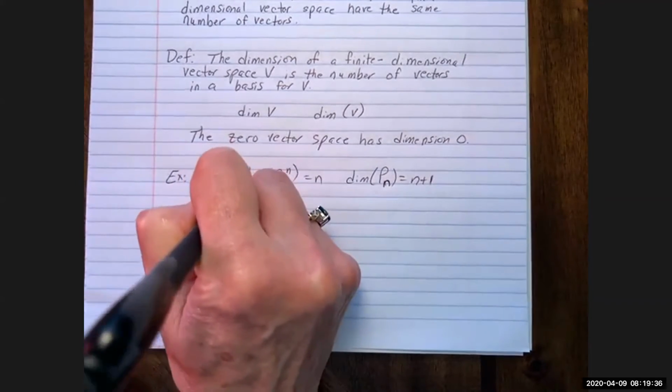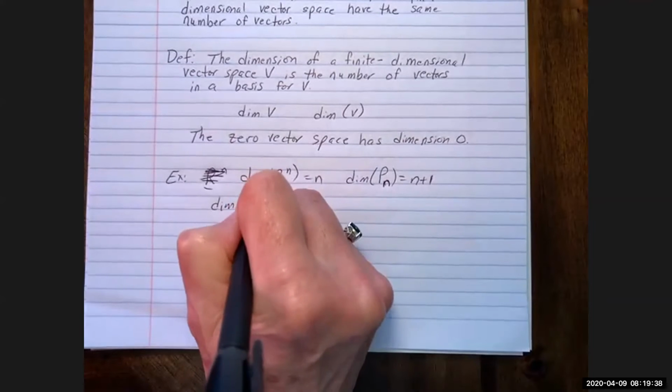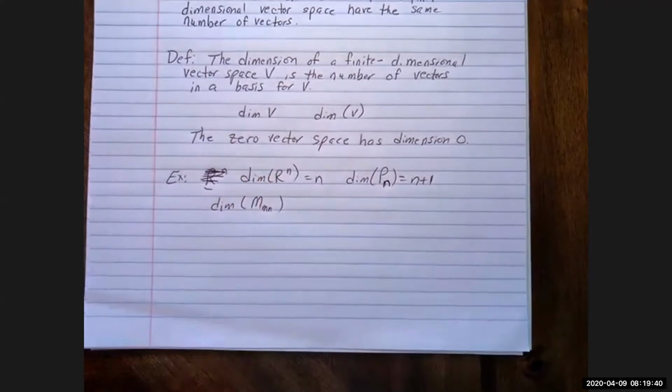The dimension of m by n matrices. Think about the number of standard basis vectors that you would need for those. I think we did a 3 by 2 on Tuesday.